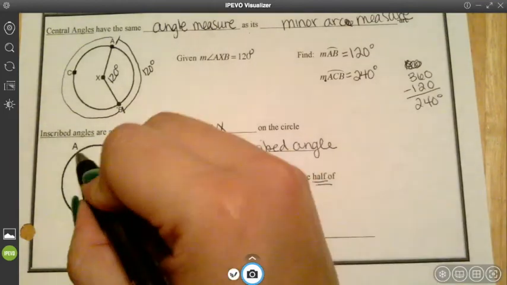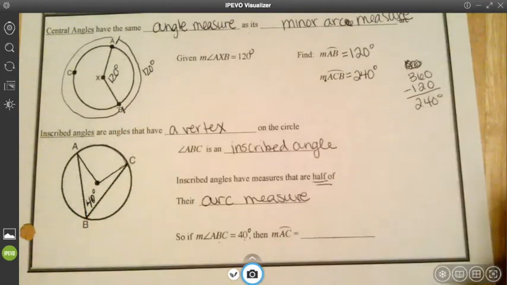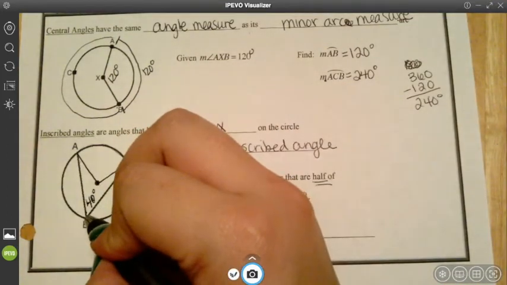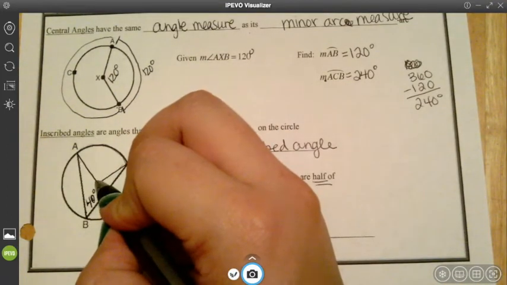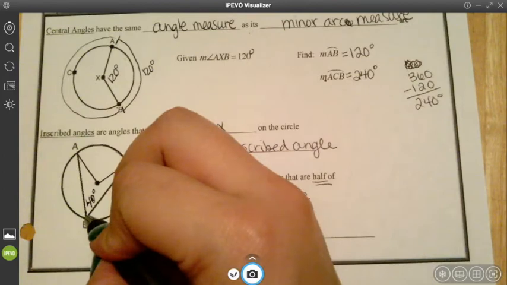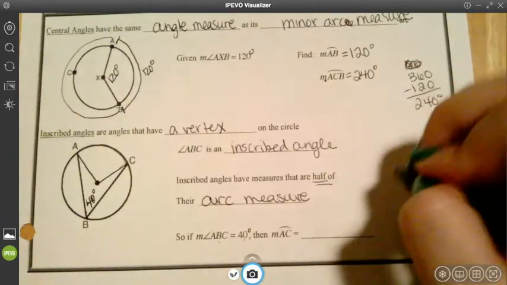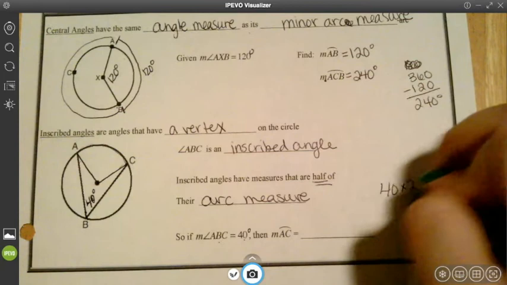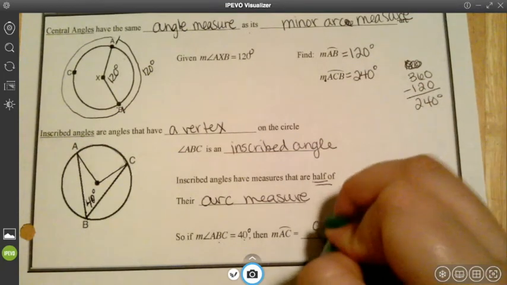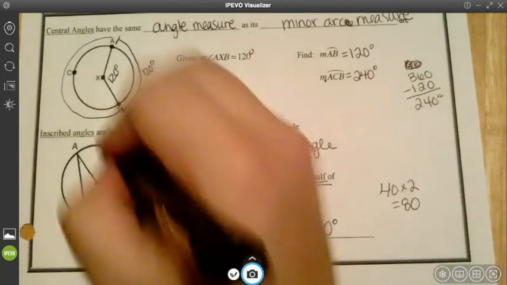Then we know that the measurement of arc AC must be double that. Notice how this angle is much more acute than this angle. This one is much smaller. So I have to do 40 times 2 to get the arc length of 80 degrees.